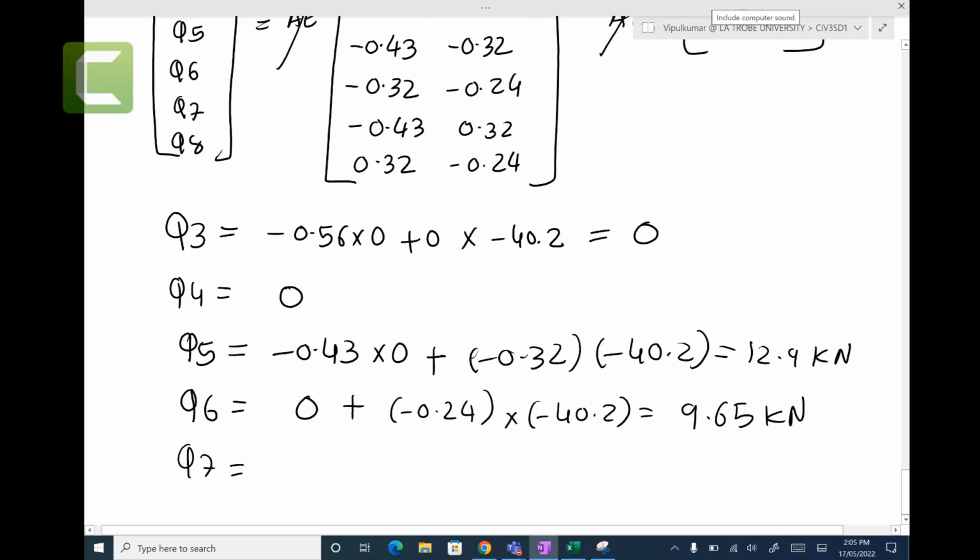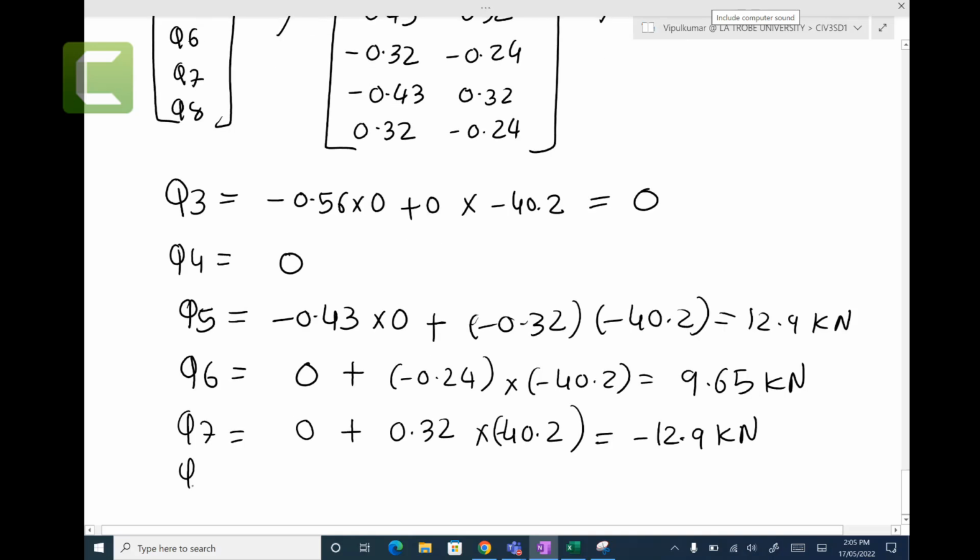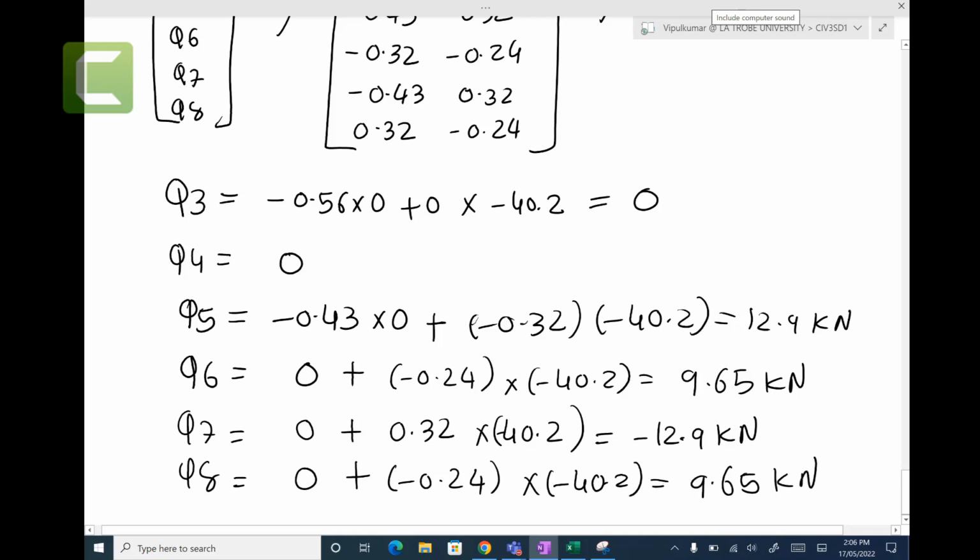Q7, first one is 0, 0.32 times 40.2 minus 12.9 kilonewtons. Q8, 0 minus 0.24 times minus 40.2, 9.65 kilonewtons.